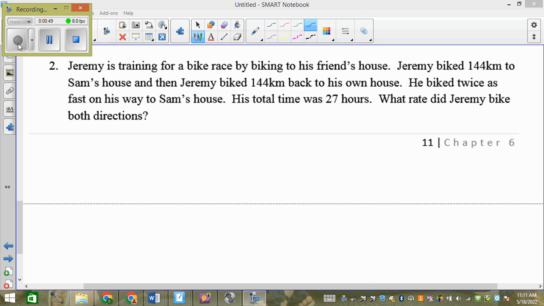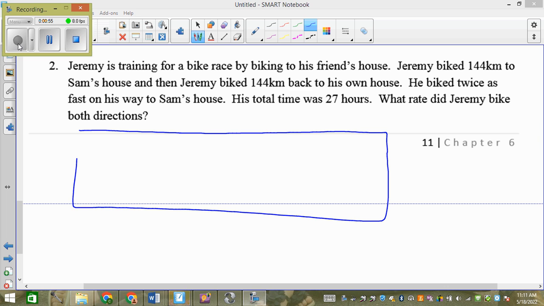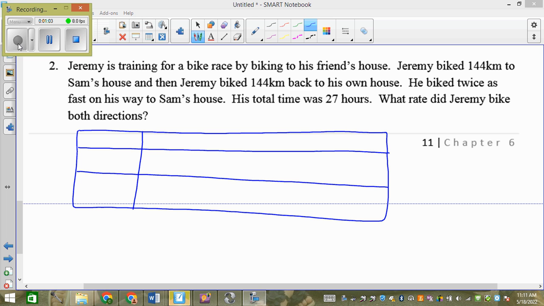So what rate did Jeremy bike in both directions? Okay. So we're making ourselves a chart. A chart will always have, here we could say, bike 2 Jeremy's friend, and bike home, whatever you want to label it.